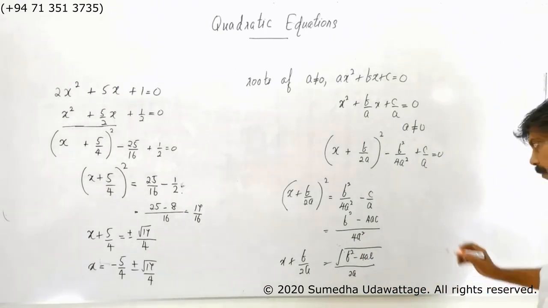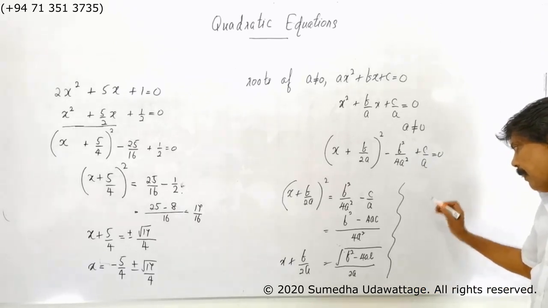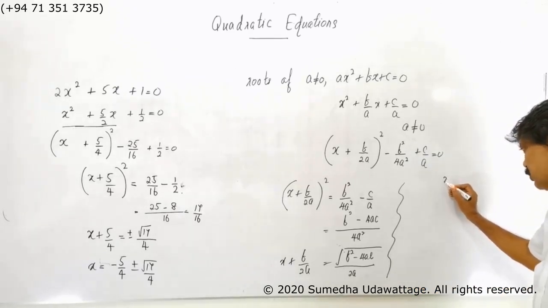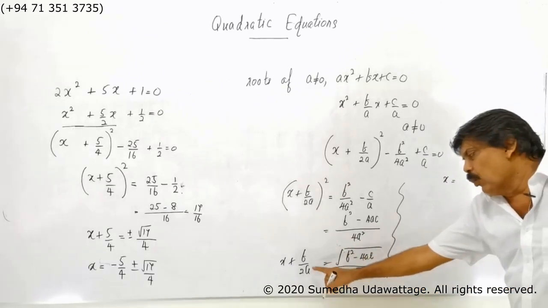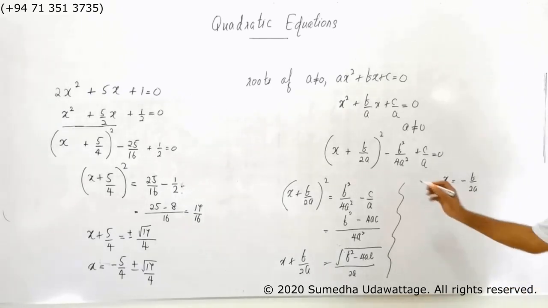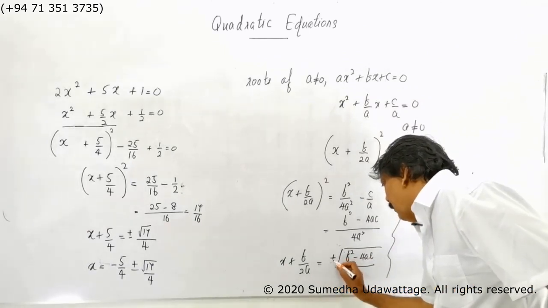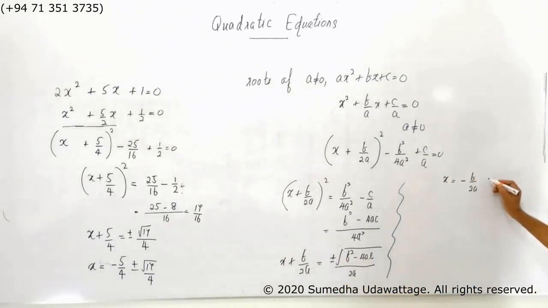Then the roots become x is equal to this b/2a going to the other side, minus b/2a, and surely when you take the square root you get a plus or minus here, then you get plus or minus the square root of b² minus 4ac divided by 2a.